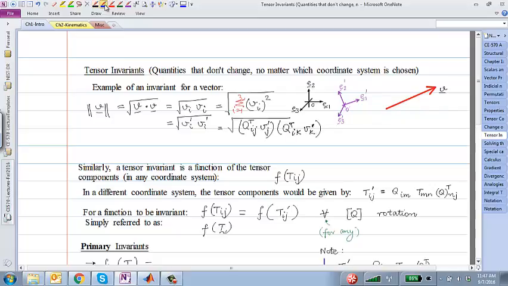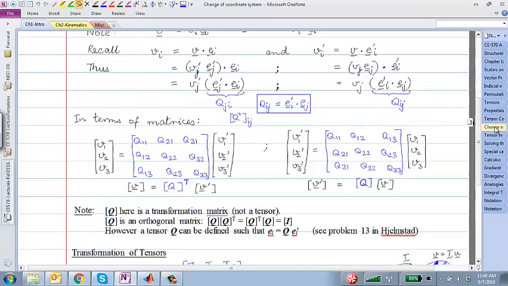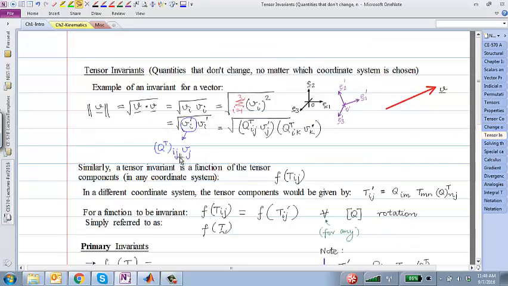So what I'm doing here is I'm taking one of these primes and writing it as Q transpose ij vj, let's be careful here. So the primed components don't have the transpose, right? Right, so primed components don't have the transpose, so I don't need to write the transpose here. So no transpose.